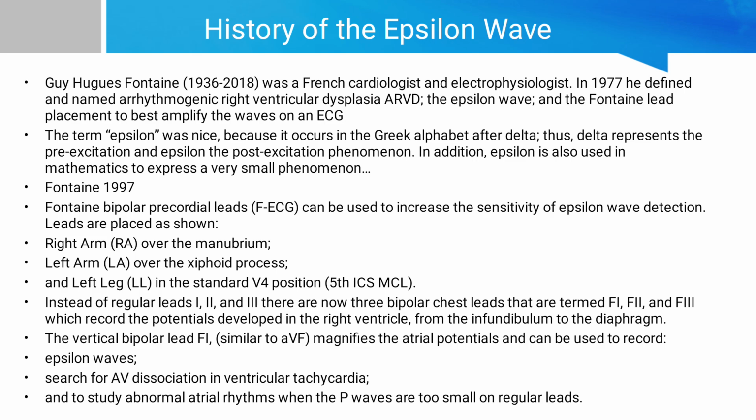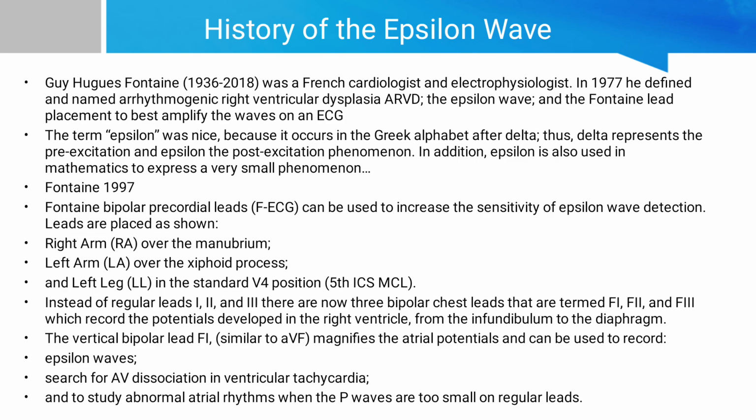Just a brief about the history of epsilon wave. Hugues Fontaine was a French cardiologist and electrophysiologist. In 1977, he defined and named arrhythmogenic right ventricular dysplasia, the epsilon wave, and the Fontaine lead placement to best amplify the waves on the ECG.